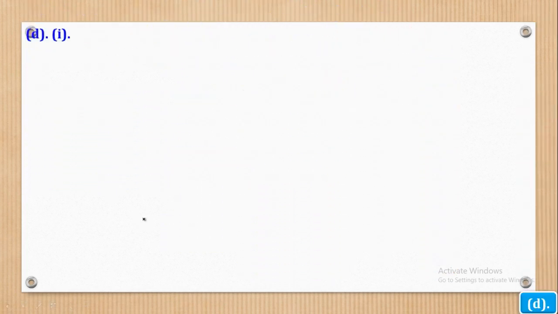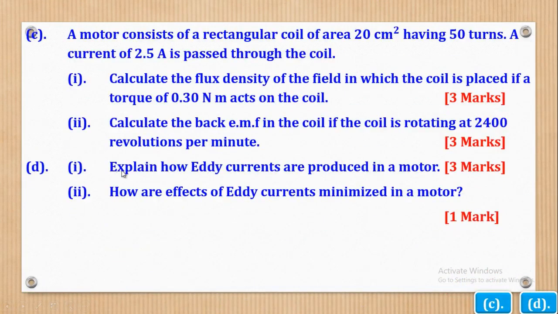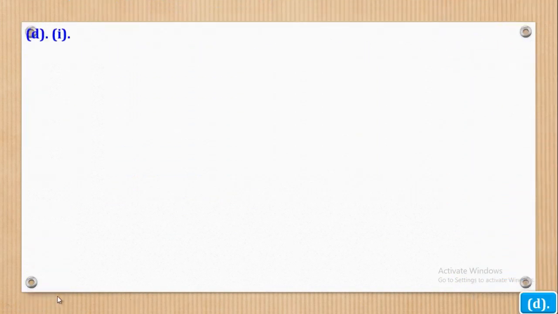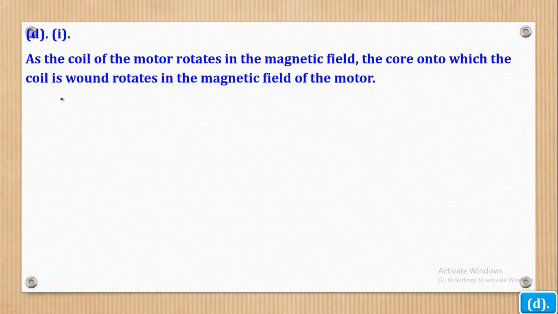So now we shall go to part D, Roman 1. The Roman 1 says, explain how eddy currents are produced in a motor. So you come and say that as the coil of the motor rotates in the magnetic field, the core onto which the coil is wound rotates in the magnetic field of the motor.